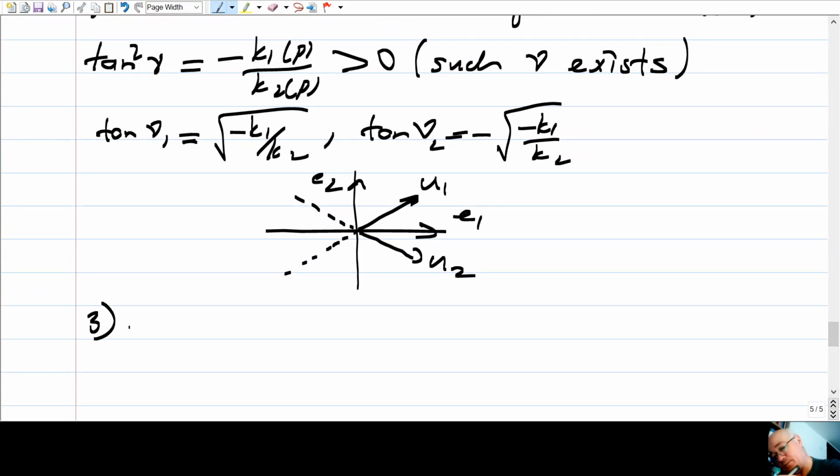The third one, now assume Gaussian curvature equal to 0.